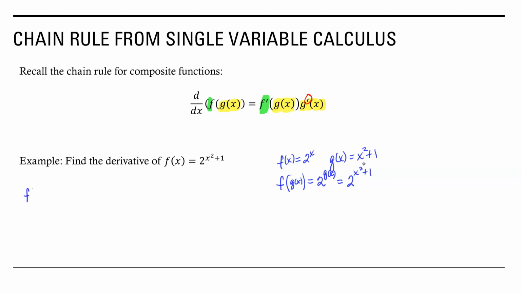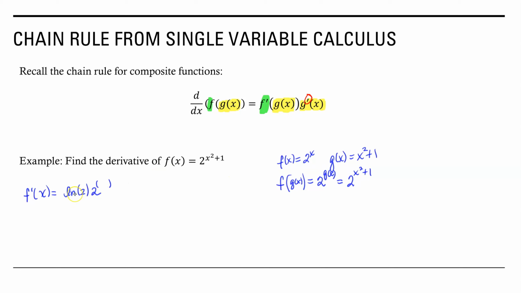So now let's take the derivative. f prime of x is going to be the derivative of 2 to the x. The derivative of 2 to the x is the natural log of 2 times 2 to our power. Now remember, we keep that inner part alone. We keep the g of x.